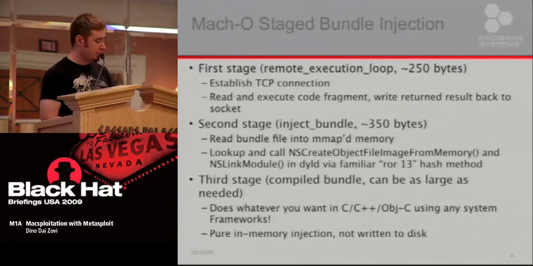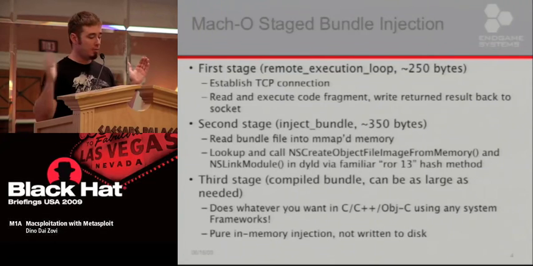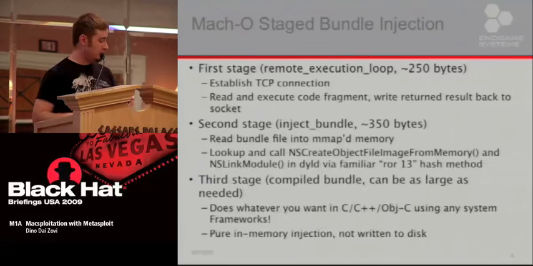The first stage is a dumb remote execution loop. It takes machine code, executes it, and repeats. From there, we load in a little more code, which does the bundle injection. It reads a compiled bundle file, which is a compiled plugin, maps some memory, and loads it in there.